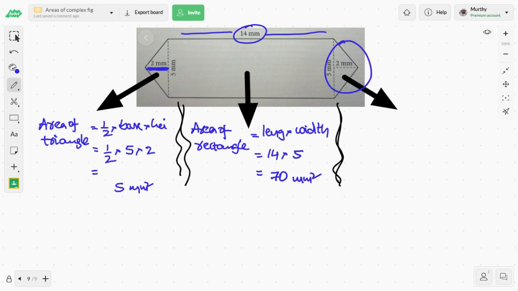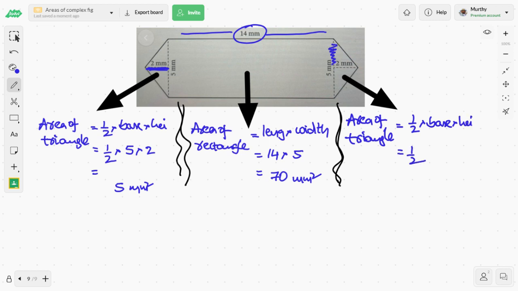This one is another triangle, and I see that the measurements are the same as the first one. Therefore, area of a triangle equals half times base times height.